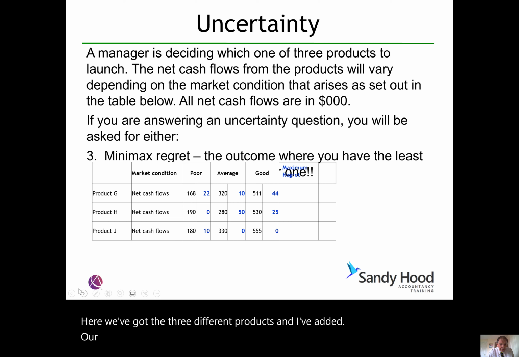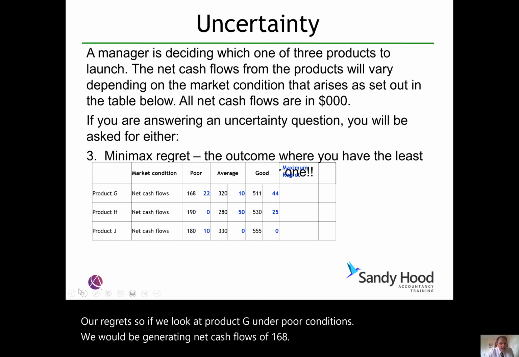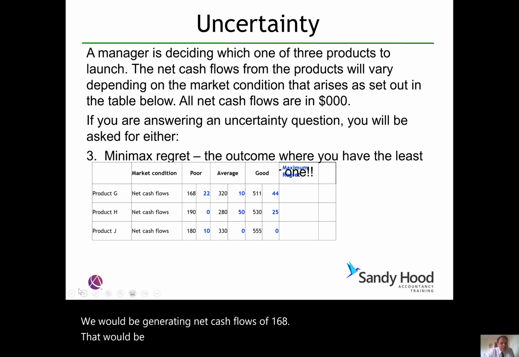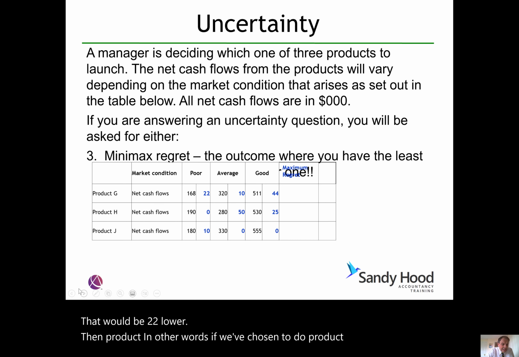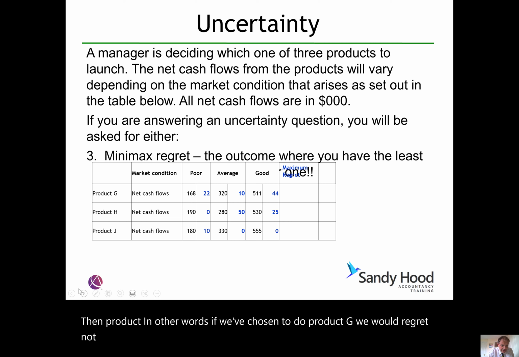So if we look at product G under poor conditions, we would be generating net cash flows of 168. That would be 22 lower than product H. In other words, if we'd chosen to do product G, we would regret not having done product H because we are generating $22,000 less than we would have done had we made the other decision.